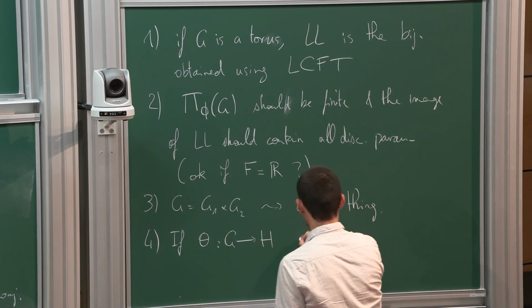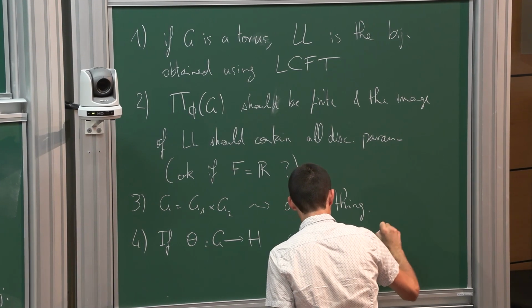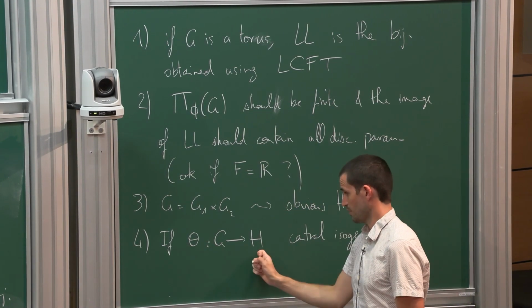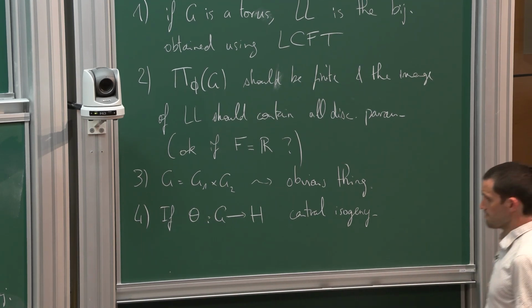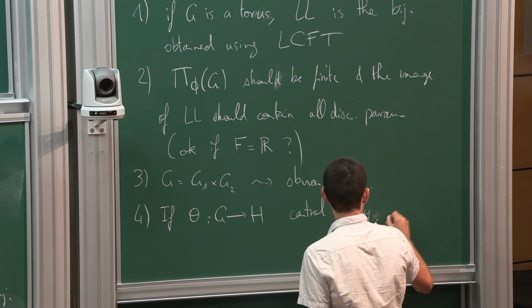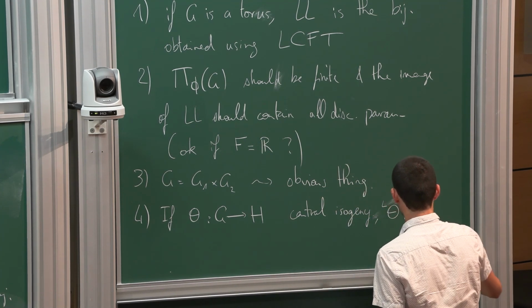So if you have a central isogeny, so recall that this is surjective with a finite central kernel. So then we have a theta hat, or maybe that was L theta.